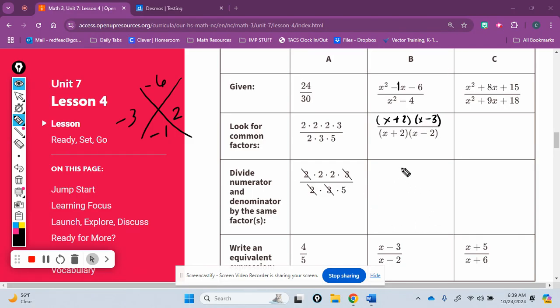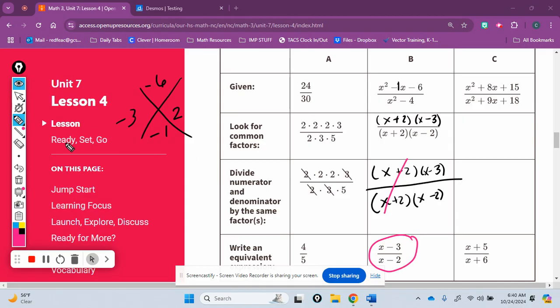I rewrite x plus 2, x minus 3 divided by x plus 2, x minus 2. And now I'm going to divide out what is alike. The only thing that I have alike is x plus 2.